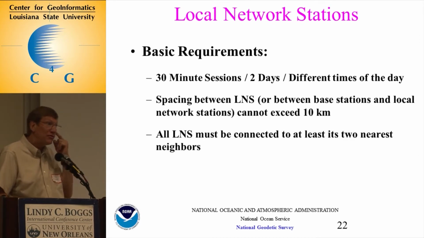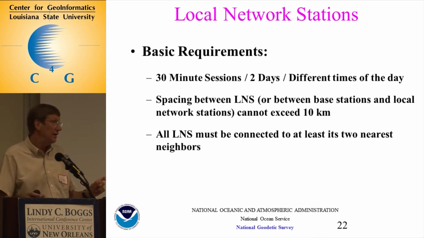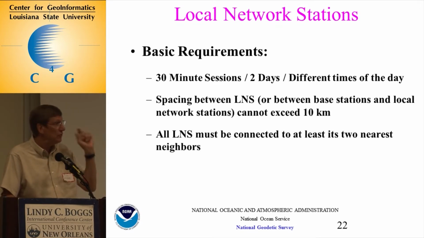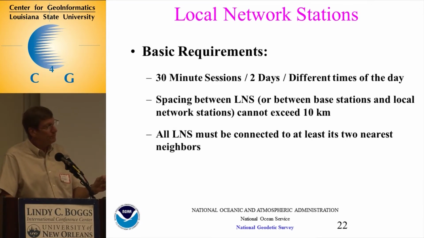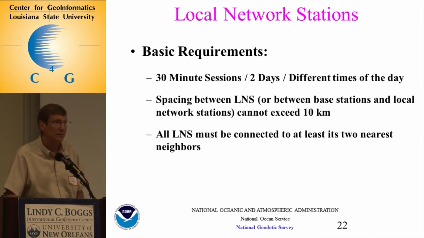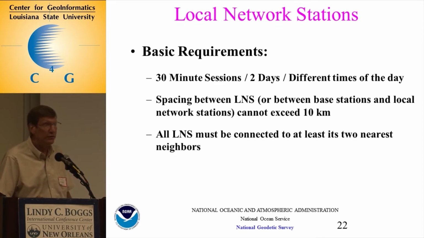So you're really trying to push the envelope, saying I'm going to take this short amount of data on this day, and I'm going to hope that all my atmospheric conditions, my geometry conditions, my weather conditions, and the multipath conditions are going to be averaged out or eliminated. That's what you're hoping. And in some cases, you are just hoping that. And they've got to be connected to nearest neighbors. Once again, emphasize that.